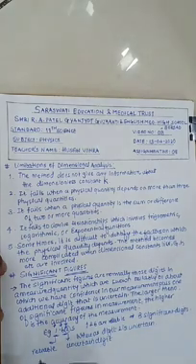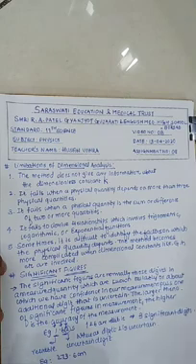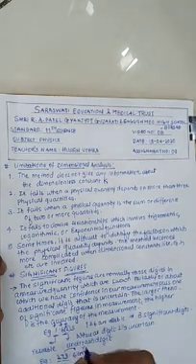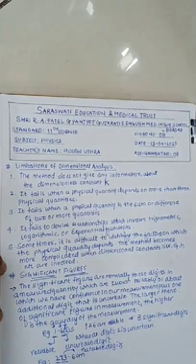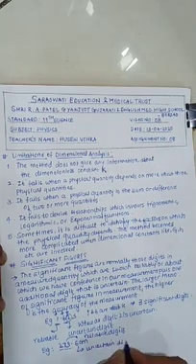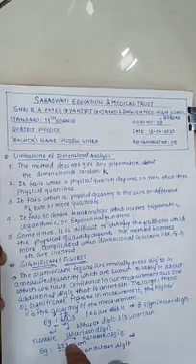Suppose you are finding the length of an object and it is found to be 273.6 centimeter. Clear? Here 273 are reliable, which you are sure about. And this 6 is the uncertain digit. So how many significant digits? 1, 2, 3, 4 non-zero digits are significant.